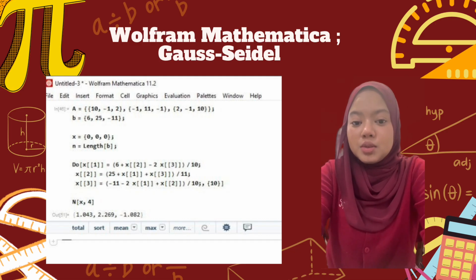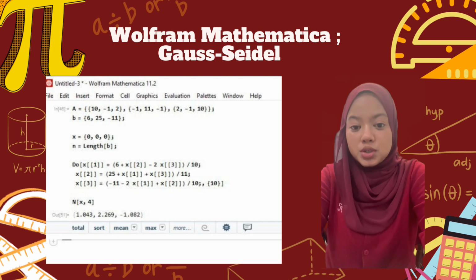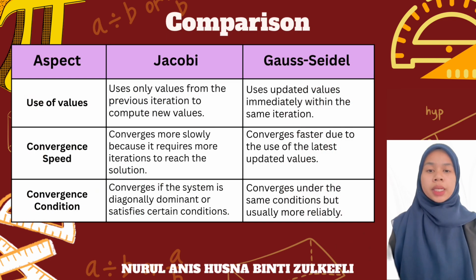This process is repeated for 10 iterations to get an accurate solution, which contains the approximate solution after 10 Gauss-Seidel iterations.